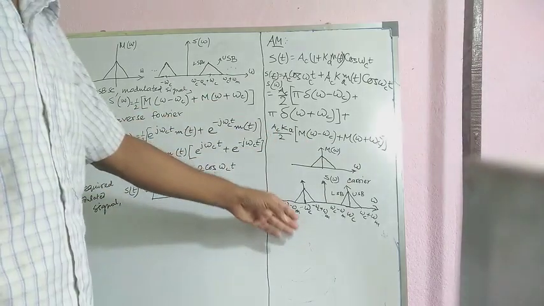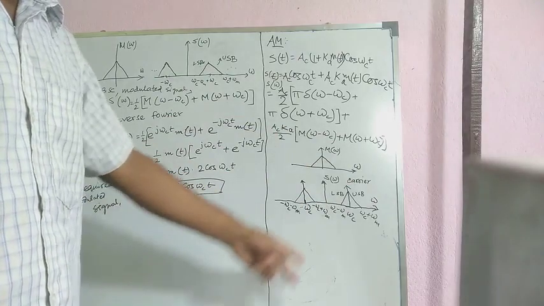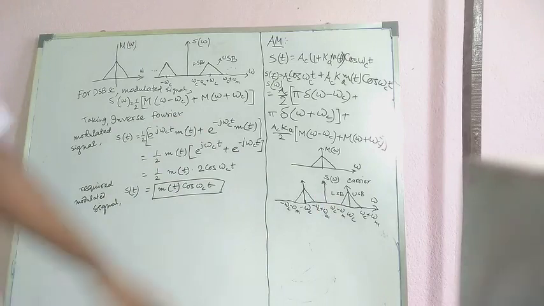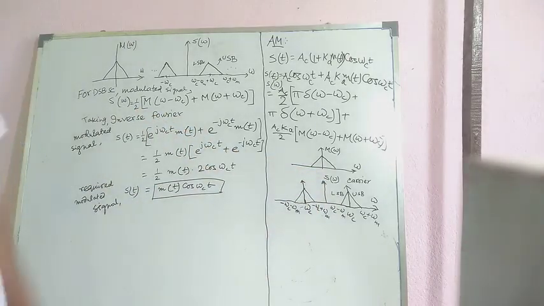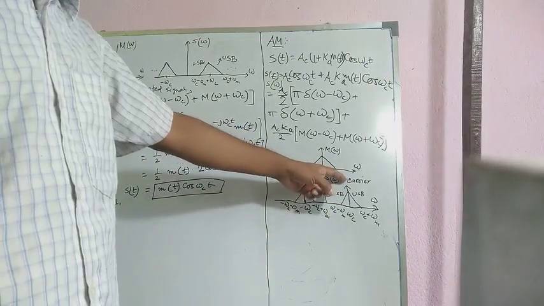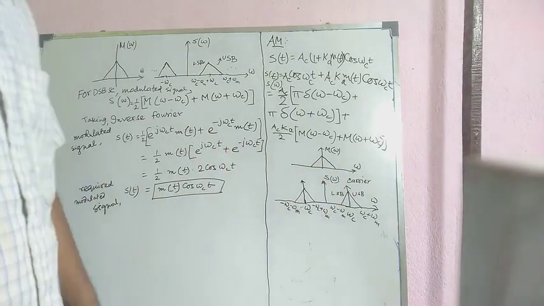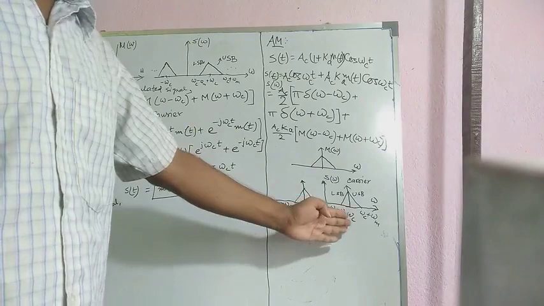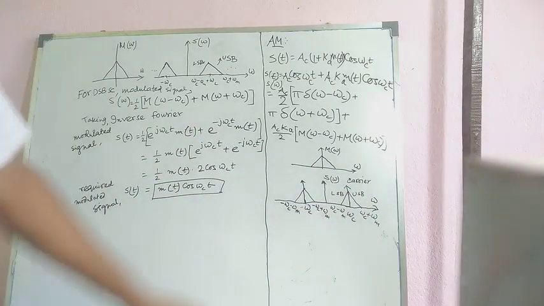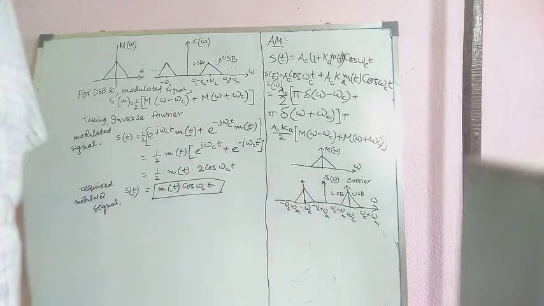We had also plotted the amplitude modulated signal in the frequency domain, and we had found that the modulated signal has three parts. One is the carrier signal part, another is the upper sideband, that is, frequency above omega_c, and another is below omega_c, that was called the lower sideband.